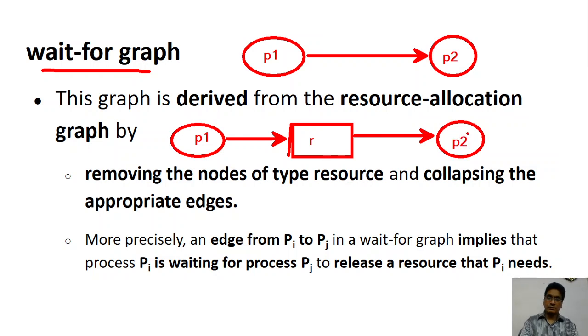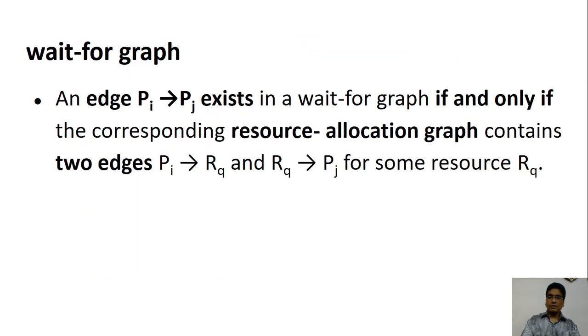It is as simple as that. So what is being pulled out is the resource, and a direct edge has been made. So if there is an edge from Pi to Pj, that means process Pi is waiting for a resource R which has been given to some other process Pj.